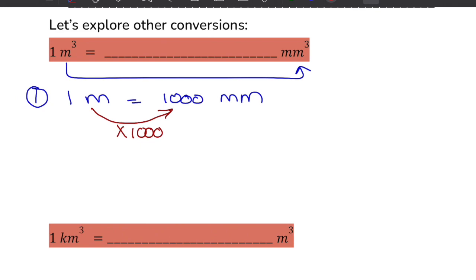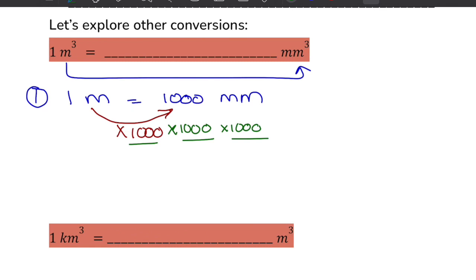Because we're dealing with volume, 3 dimensions, we multiply by this number a total of 3 times. So we have 1,000 times 1,000 times 1,000. That is a huge number. Okay, so essentially we are multiplying by 1 billion, I think.